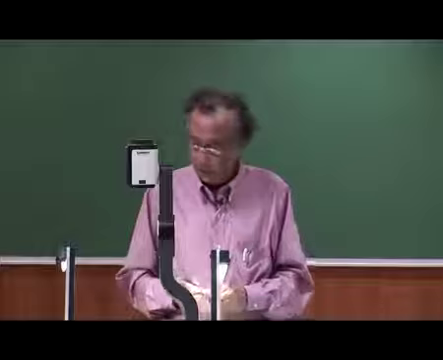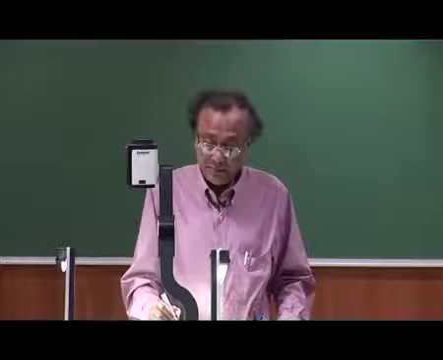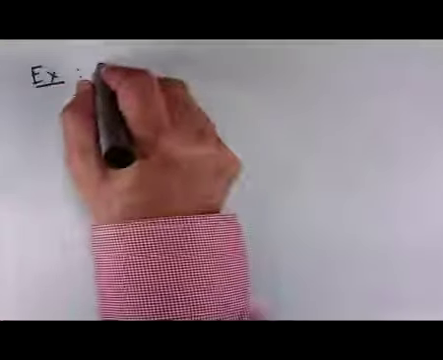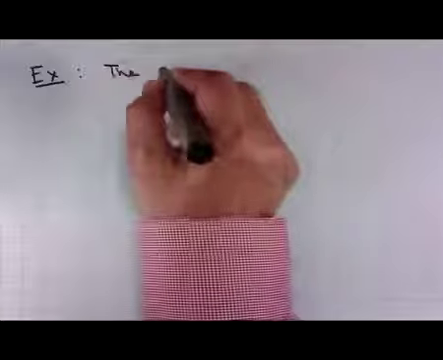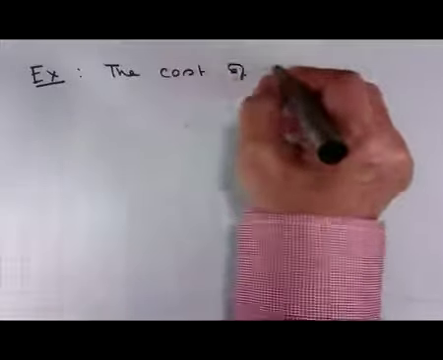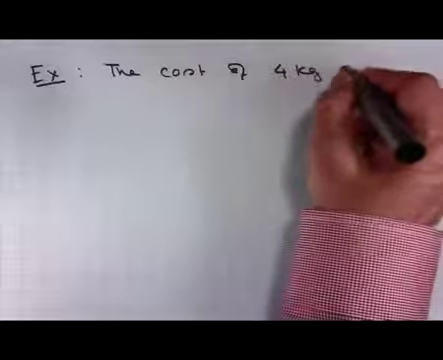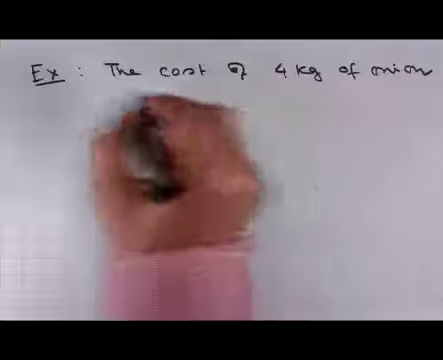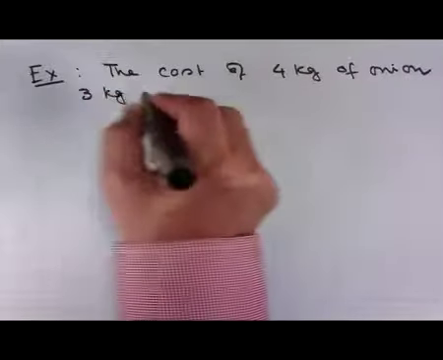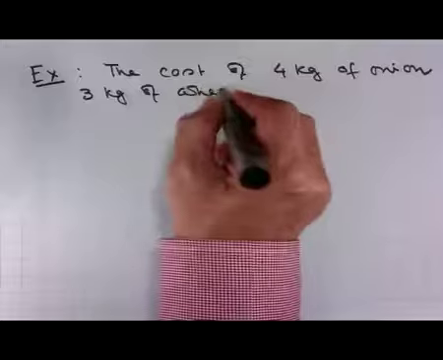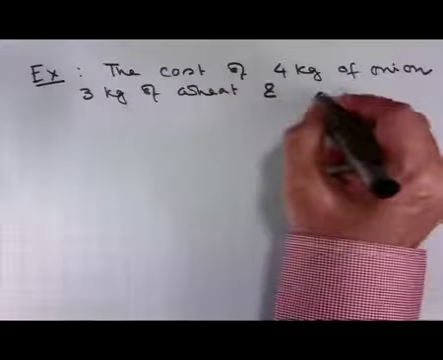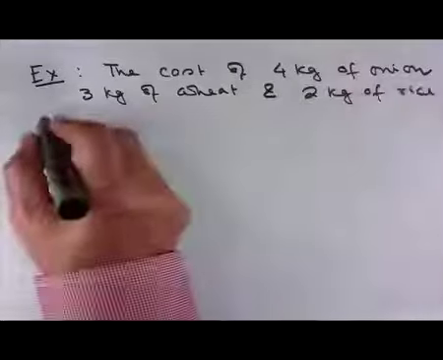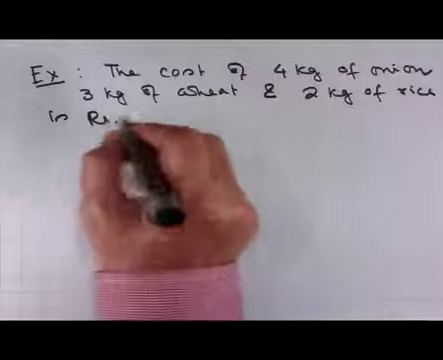Let me now solve another problem. Suppose it is given that the cost of 4 kg of onion, 3 kg of wheat and 2 kg of rice is rupees 60.